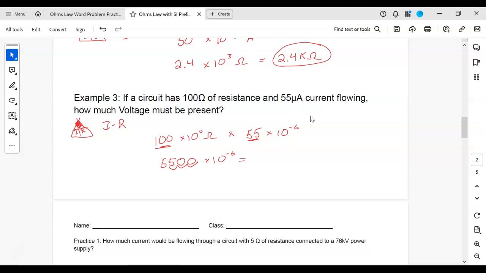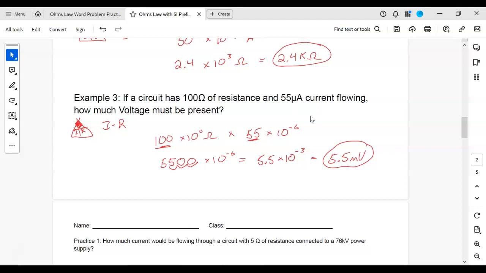So this is the same thing as 5.5 times 10 to the negative 3. And this is much easier to see: 5.5 milli, and again, we're talking about voltage here, so millivolts would be the final answer.